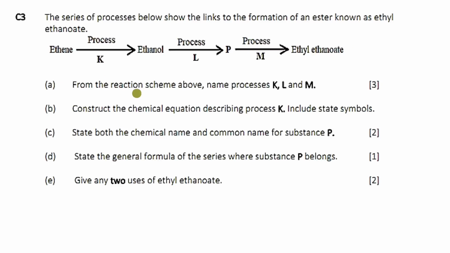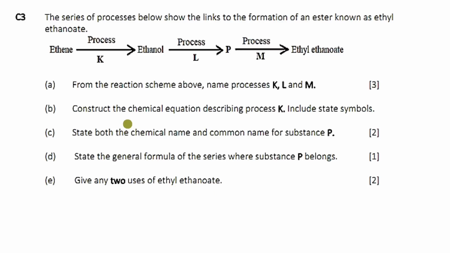Then they're saying A, from the reaction scheme above, name processes K, L, and M. B, construct the chemical equation describing process K, include state symbols. Then C, state both the chemical name and common name for substance P. Then D, state the general formula of the series where substance P belongs. Then E, give any two uses of ethyl ethanoate.